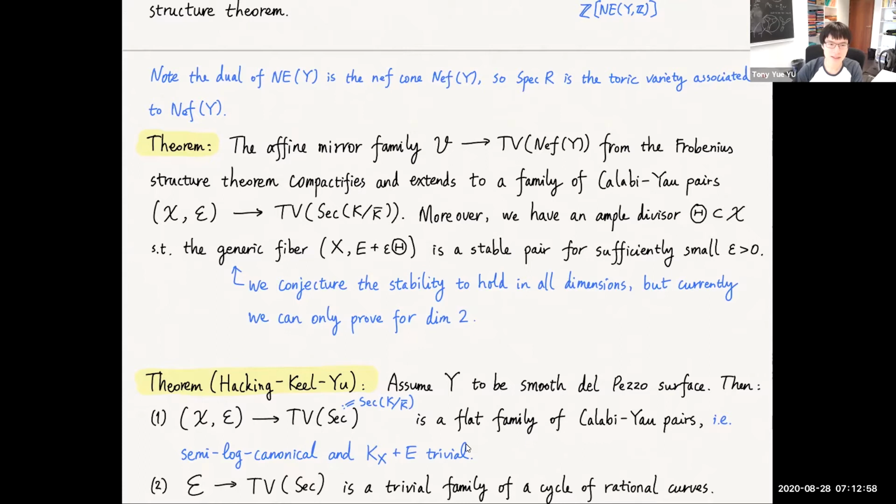That is, we say that this pair is semi-log canonical and K_X plus E is trivial. And second, concerning this boundary E, it's a trivial family of a cycle of rational curves, just like D, but it's mirror to D.